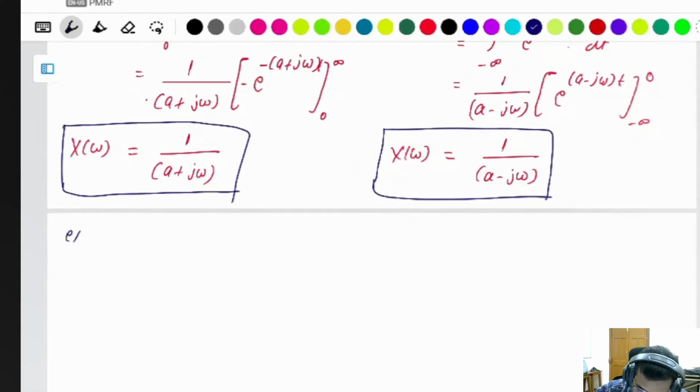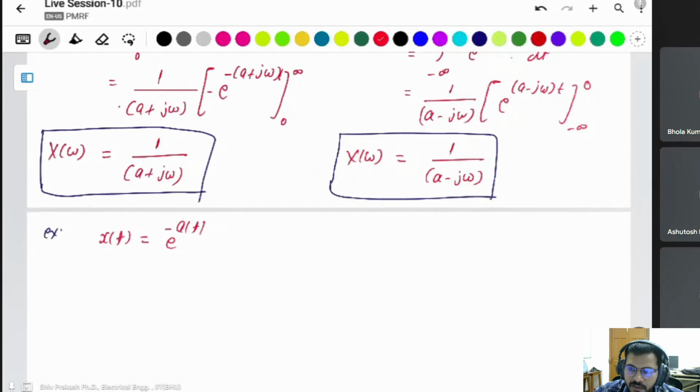For the next example, suppose x(t) is e to the power of minus a mod of t. For this signal, you first break the mod of t into positive t and minus t.